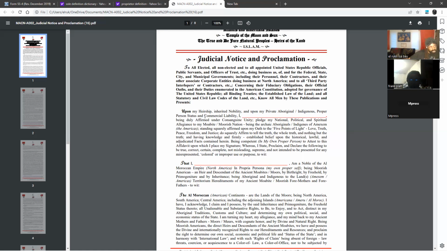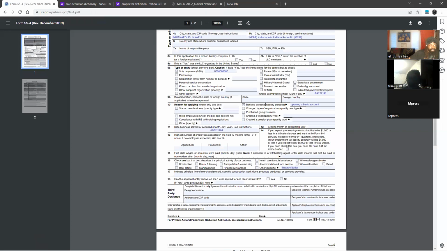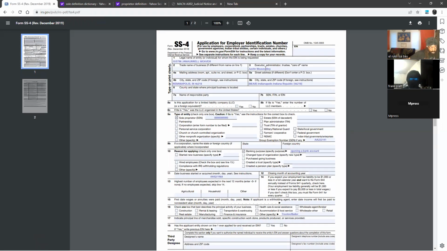Know all man by these publications and presents upon my heirship inherited nobility and upon my private aboriginal indigenous proper status and commercial liability. And when we're filling out this document, make sure you put the name that is here. And you can put whatever name you want here.